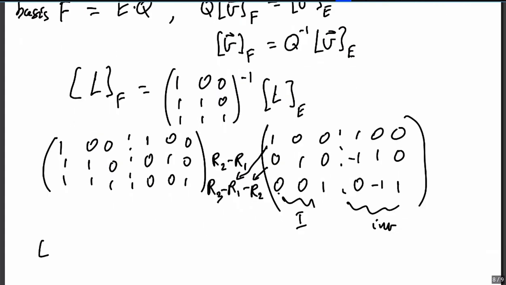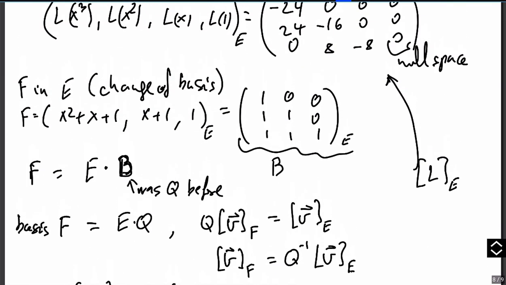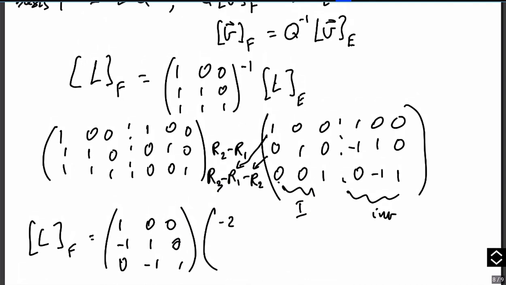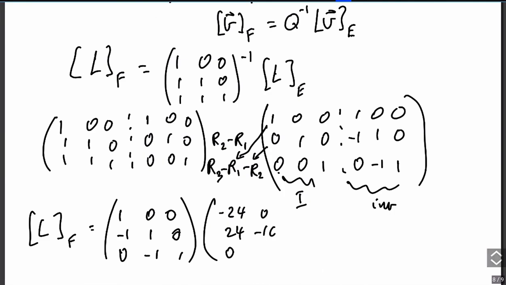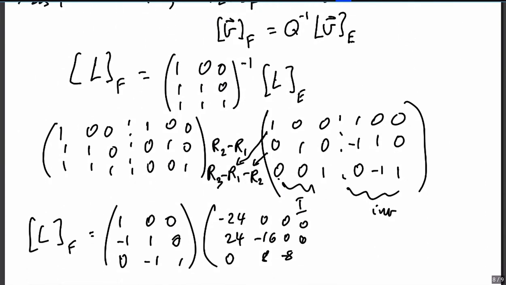So we get for the F representation that this is 1 0 0, minus 1 1 0, 0 minus 1 1, multiplying the matrix in the E basis, which was minus 24 24 0 0, minus 16 8 0 0, minus 8 0, and 0 0 0.